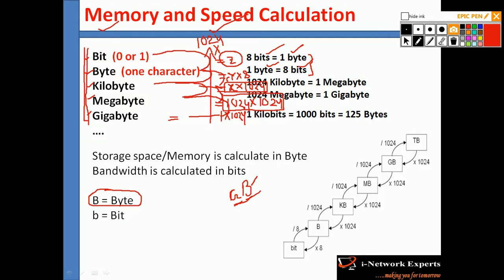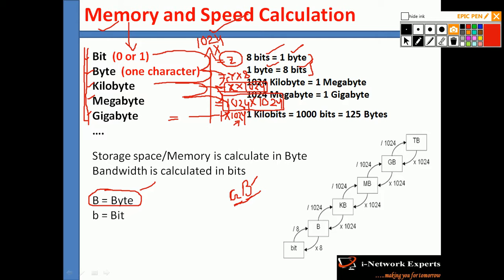Every time you have to multiply by 1024 while calculating byte, space or memory. So this is how we calculate memory. Memory calculation will be in byte. I have a 32 GB pen drive, so that is a 32 gigabyte pen drive.